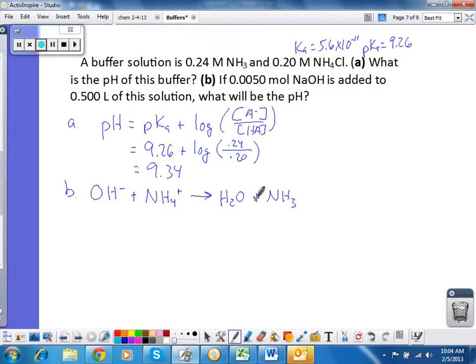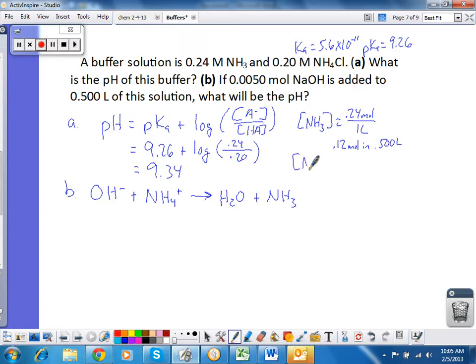So over here on the side, I know I'm adding 0.050 moles of NaOH to a half a liter of solution. So if the concentration of ammonia is 0.24 moles per liter, so the concentration of NH3 is equal to 0.24 moles in 1 liter, that means I have 0.12 moles in half a liter.